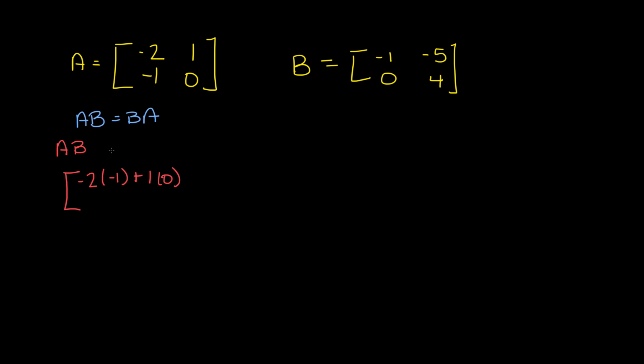Okay, the second one is going to be negative 1 times negative 1 plus 0 times this 0 right here. Okay, the next value in my matrix is going to be negative 2. We're going to go back to the top, times negative 5. We're going to look at that right column, plus 1 times 4.